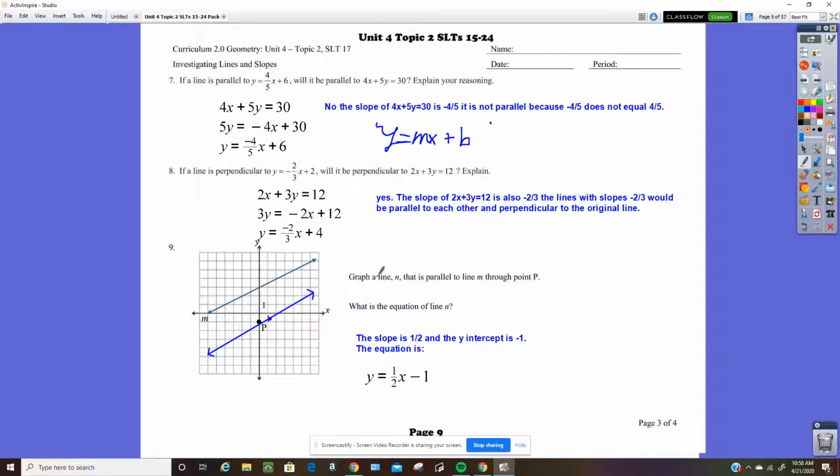And then graph a line N that is parallel to M through point P. So the slope of this line right here is up 1 over 2, which is 1/2.